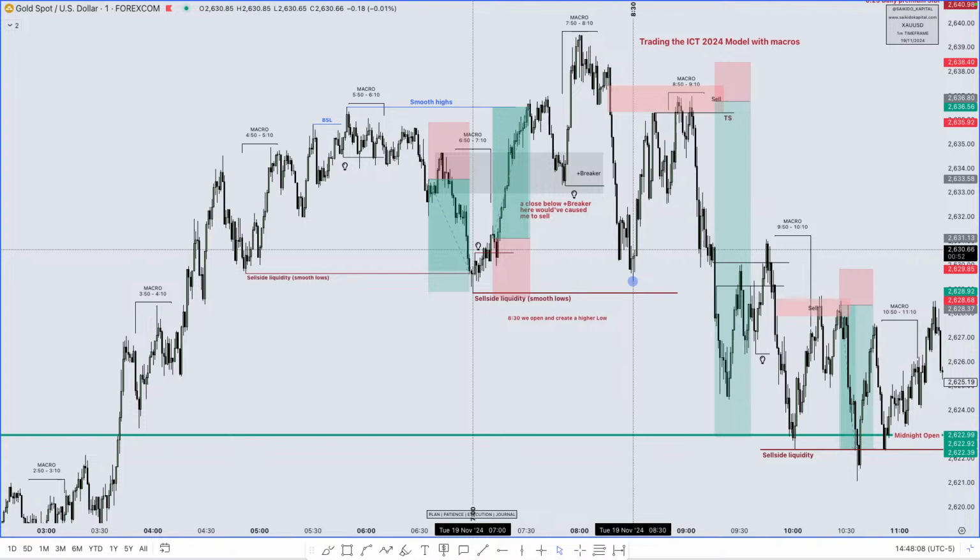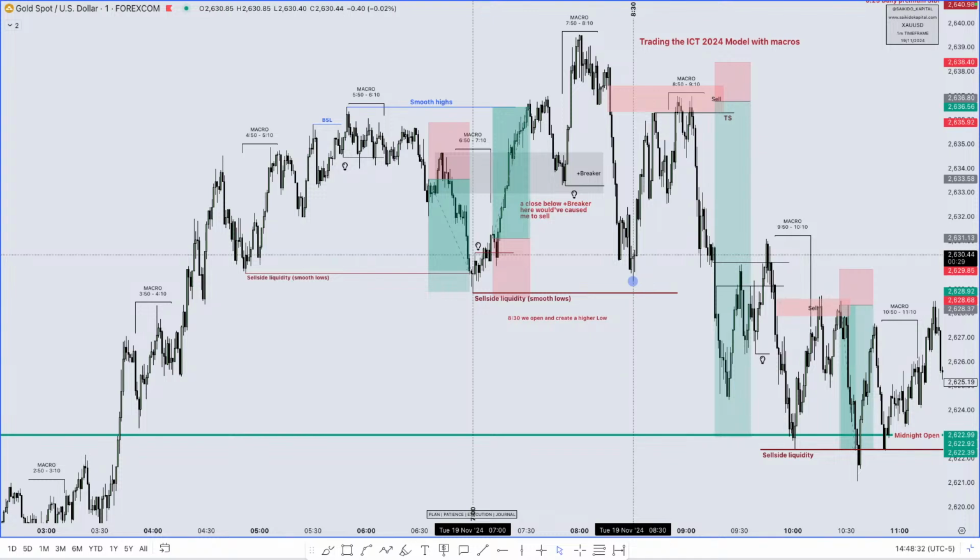Obviously I'm using the ICT 2024 model with the 2022 model, and then I'm incorporating the macros so that I can determine a short-term draw and identify a market structure shift.